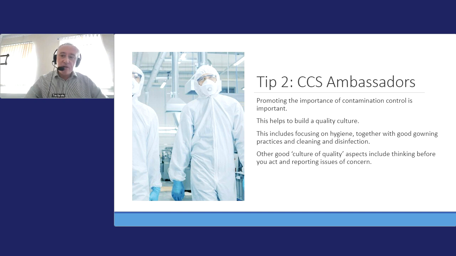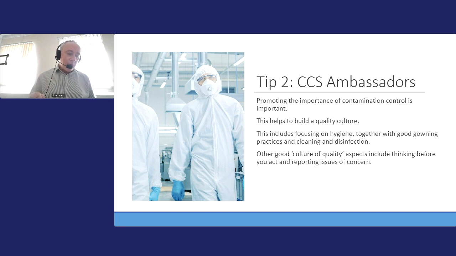So having ambassadors, people to live, feel, breathe, and discuss contamination control, advocates, if you like, is very important, because our employees are really important, and they can help us to represent these ideas and help us to promote the contamination control concept positively, both internally and externally. So they can help do the interconnections, help cascade information, contextualize the information, and also lead by good example.